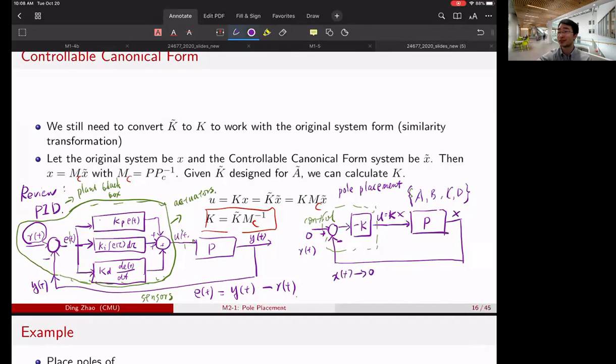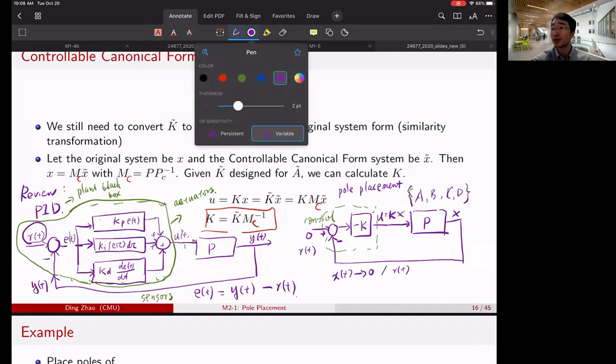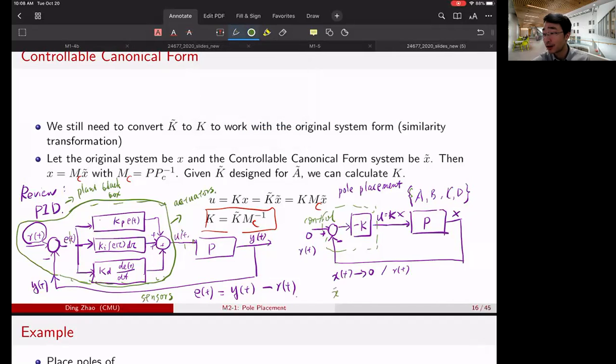And what if I say, this time I don't want to bring it to 0, I want to bring it to R(t)? What you can do is define a new state x tilde(t) as x(t) minus R(t). Then you just need to bring this x tilde(t) to 0.